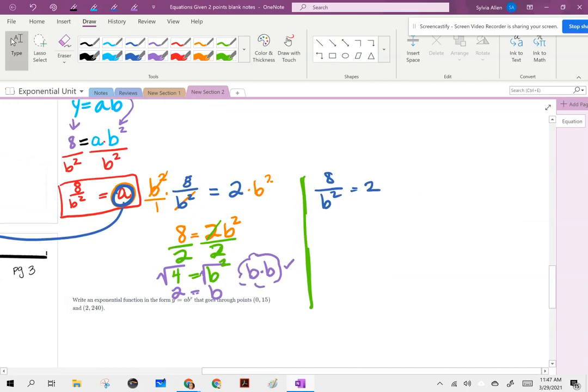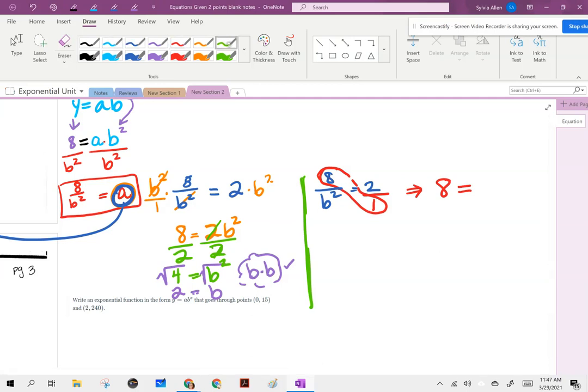Now let's double check another way to do this. I could do proportions and cross multiply here. 8 times 1 is 8 is equal to, remember when you're doing this, you have no more fractions, and here, in orange, 2 times b squared.